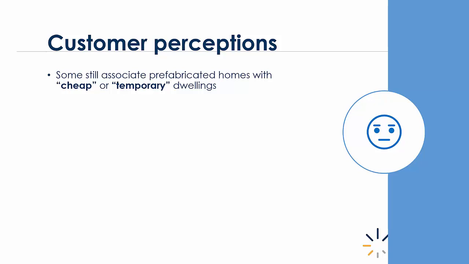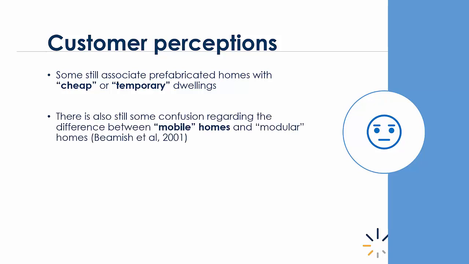So I think that certainly is a perception and a psychological association that persists in many countries, indeed in European countries especially. So the word prefab, especially in its abbreviated form, I think has those negative connotations. And so that's something that needs to be addressed and dealt with, I think, by a lot of the companies within this segment. There's also, I think, still some confusion regarding the difference between mobile homes and modular homes. And modular is a word that is used interchangeably with prefabricated homes.